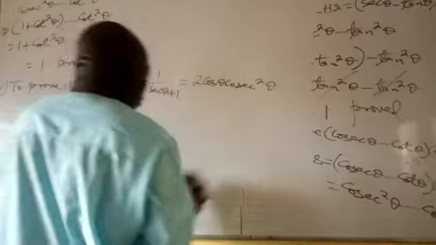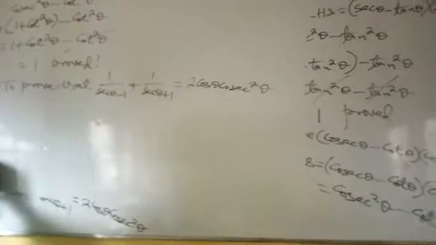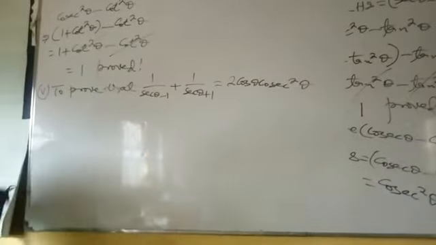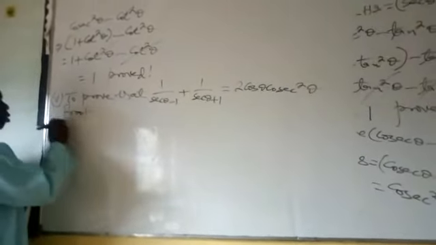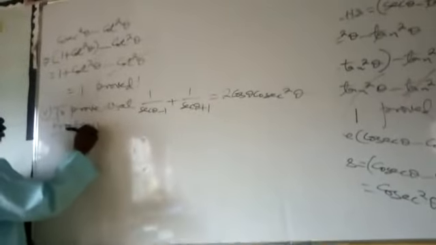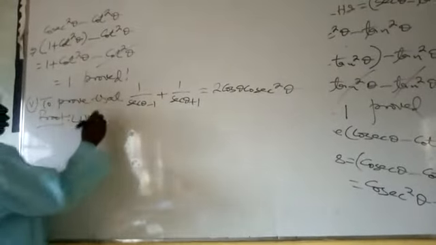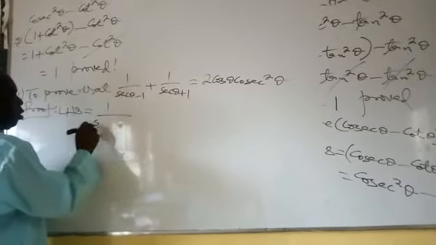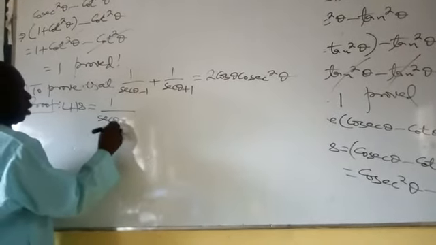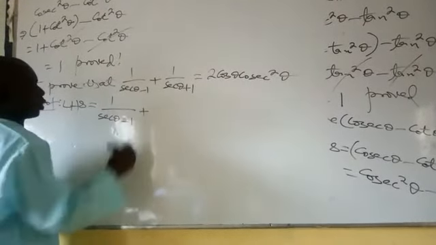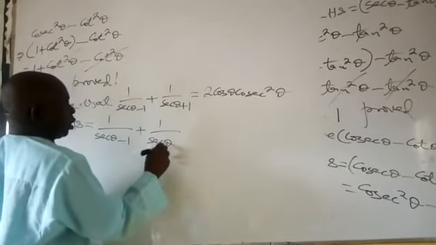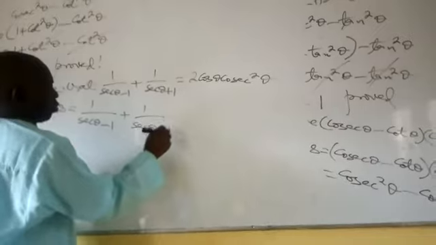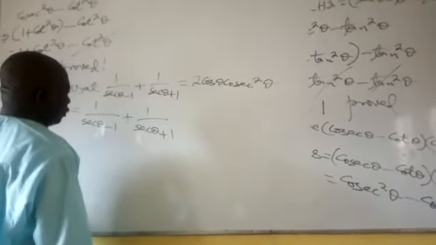So to prove this, again, I start with the left hand side, that is proof. The left hand side here is equals to 1 over sec theta minus 1 plus 1 over sec theta plus 1.